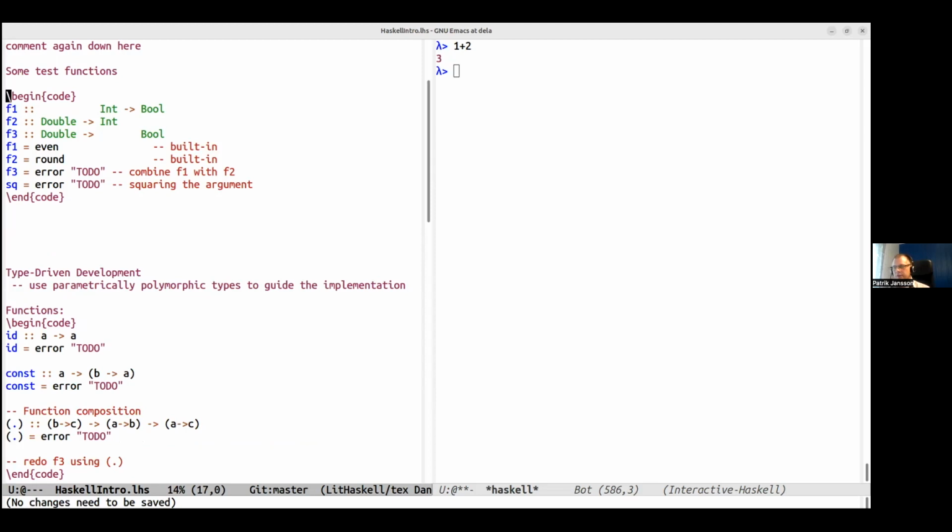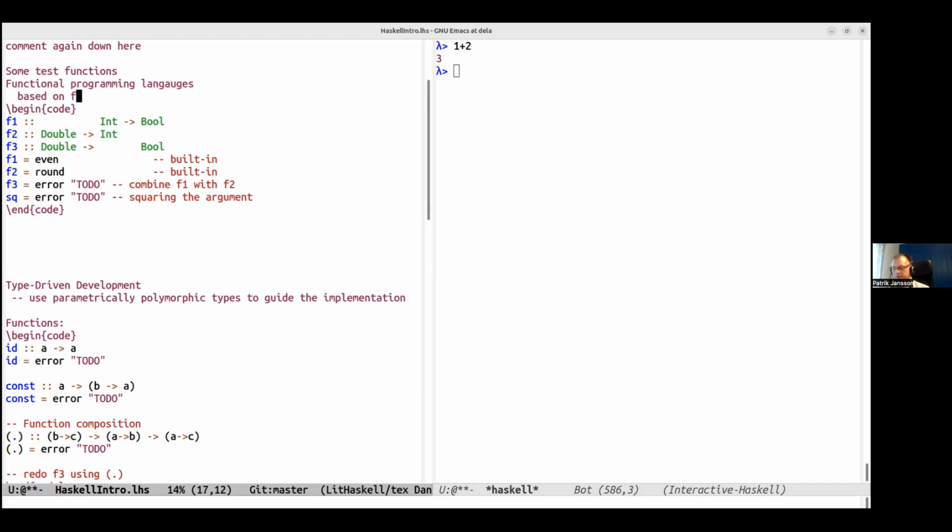So this part here is going to introduce some of the concepts of the functional programming language Haskell. Functional means it's based on functions, and based on functions means that we really have to experiment with what functions can do.